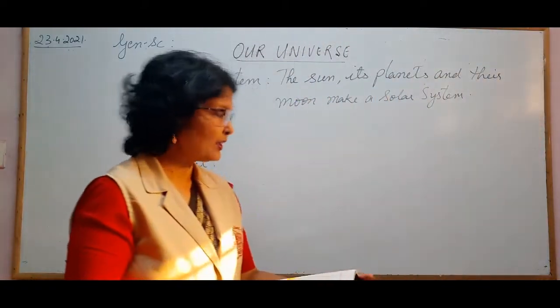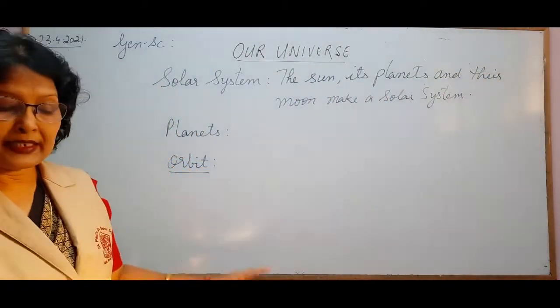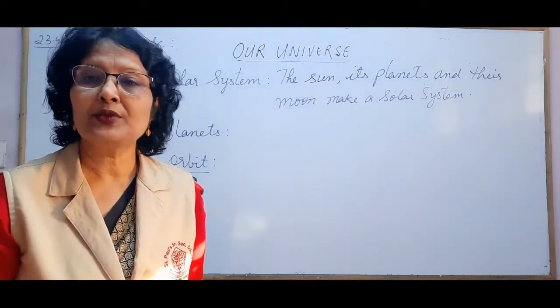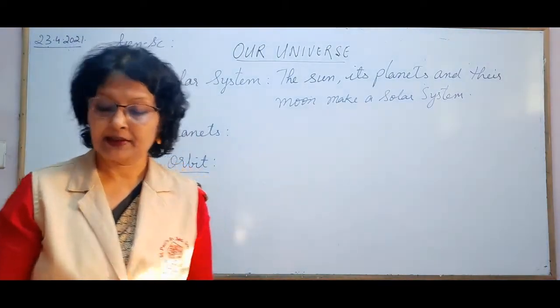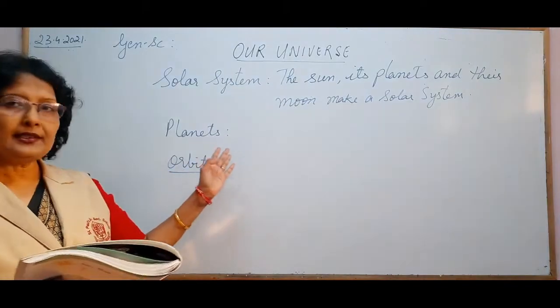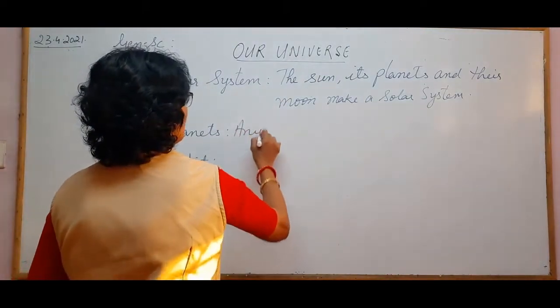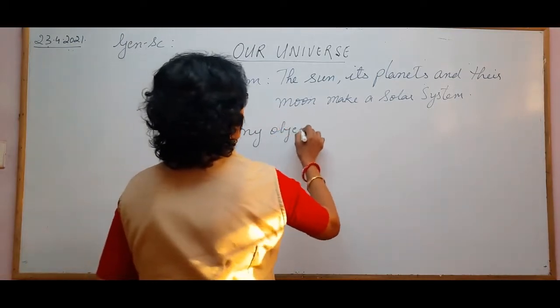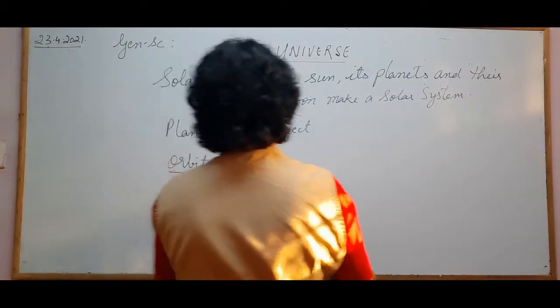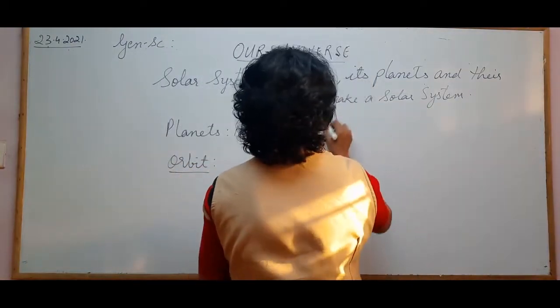So I told you about the planet also. Any object that moves around the sun in a fixed path is called a planet.